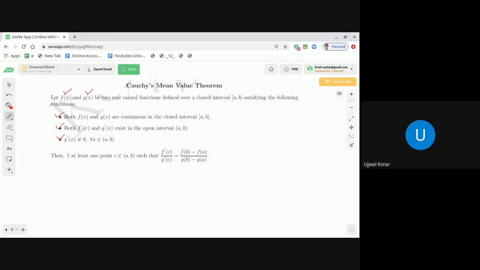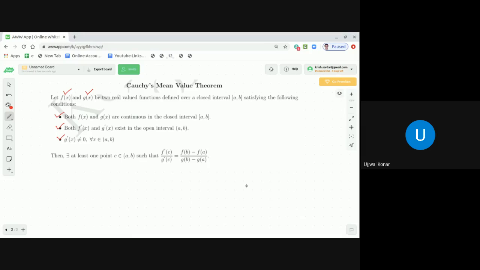for all x belonging to a comma b. Then there exists at least one point c belonging to a comma b such that f dash c by g dash c is equal to f(b) minus f(a) by g(b) minus g(a). So this is all about Cauchy's mean value theorem.